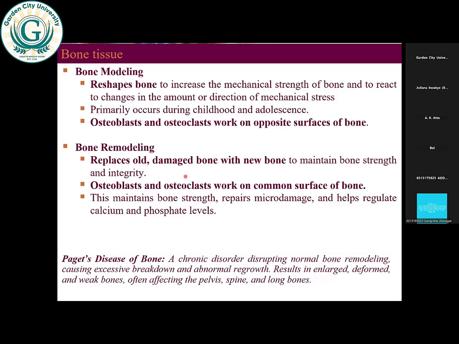So that one will maintain bone strength and repair micro damages. So you see that when you exercise, the osteoblasts increase their activity and the deposition of more minerals. And your bone becomes strong.